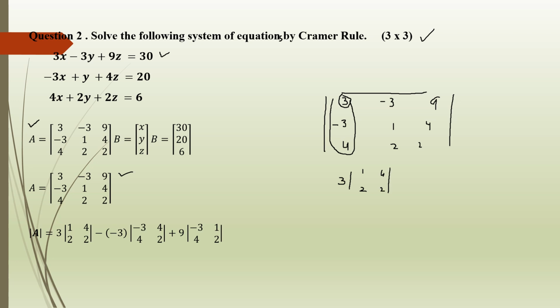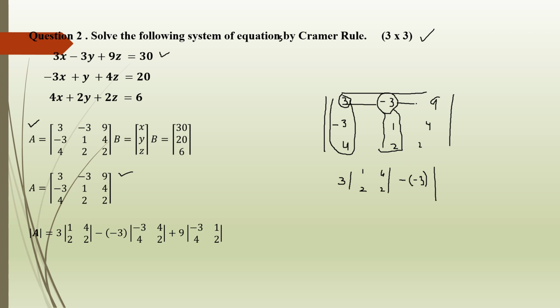Before taking the second element, we have to put a minus sign. The second element which we have is minus 3, and this minus 3 occurs in the first row and second column. So we will leave the first row and second column.